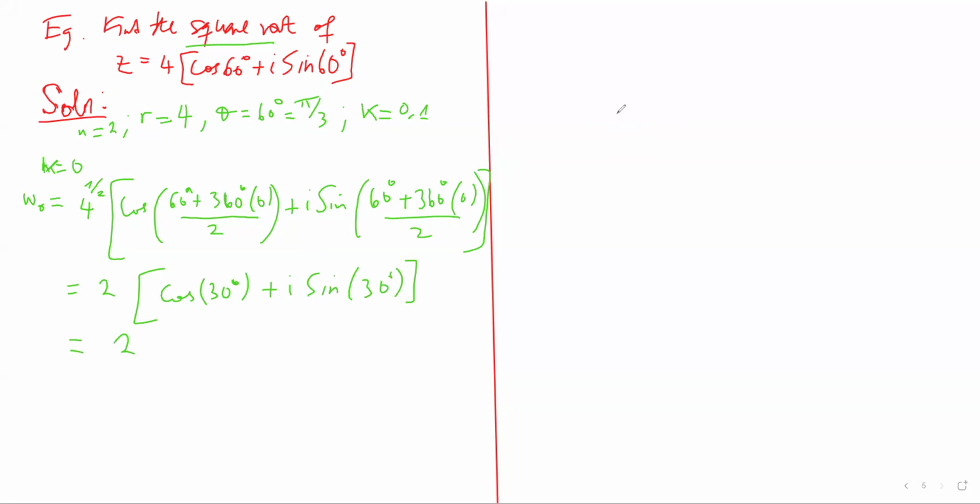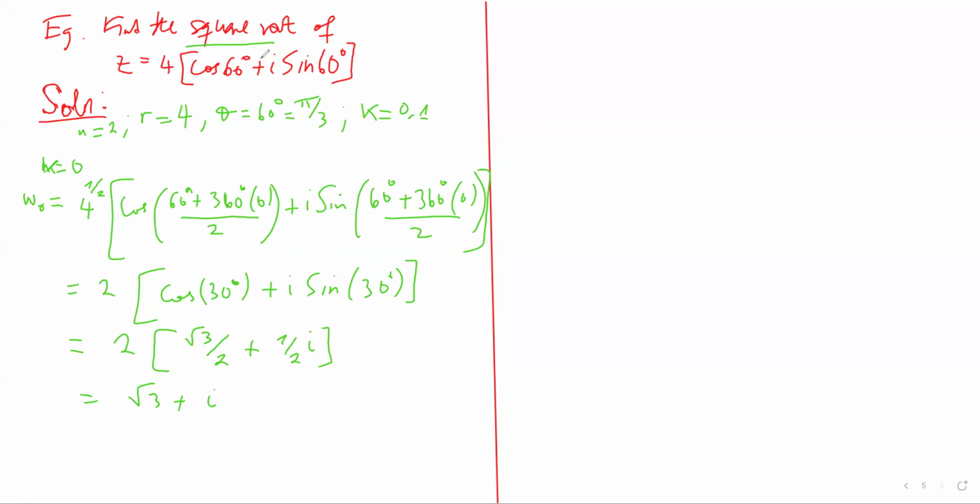Cos 30 degrees is square root of 3 over 2, and sine 30 degrees is half. If we multiply through, we have square root of 3 plus i.